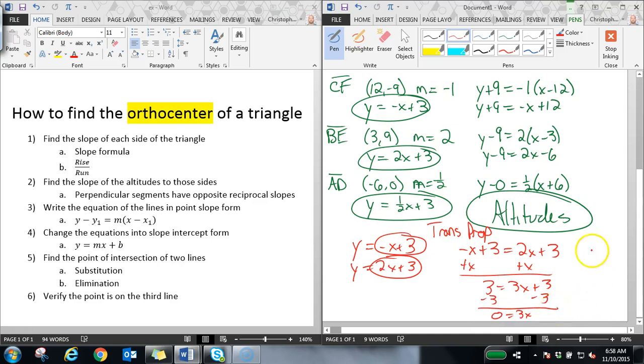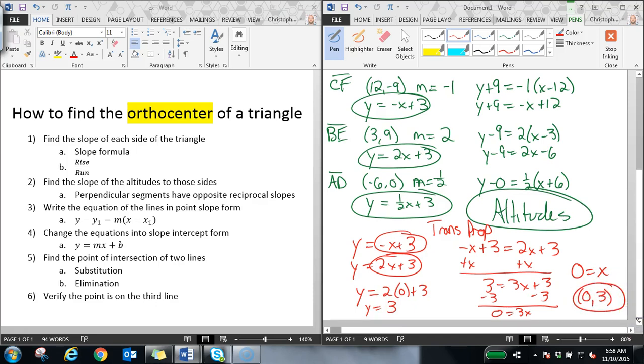So 0 equals 3x, divide by 3. 0 equals x. And then I have to substitute that back in to get my y. Put it into either one, it doesn't matter, they'll give me the same thing. So I get 2 times 0 is 0, plus 3, so my point is 0, 3.